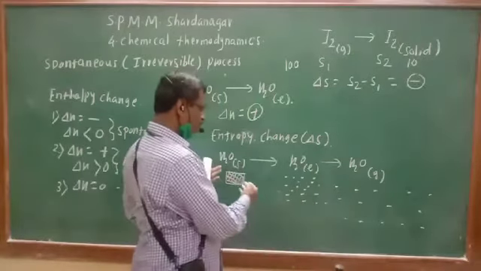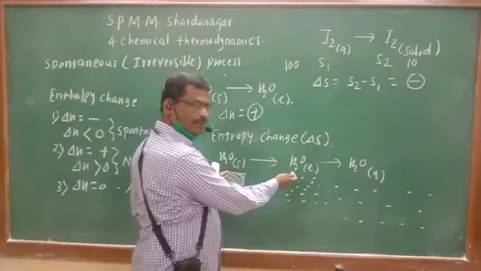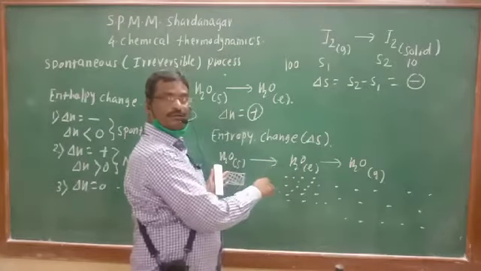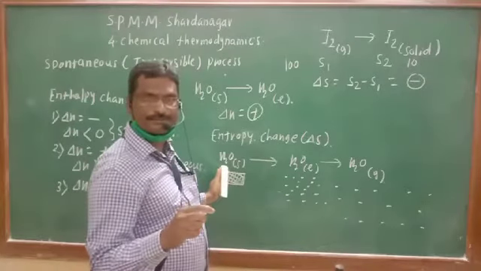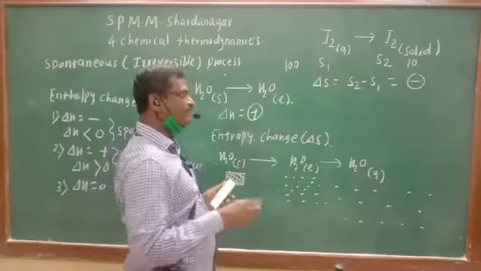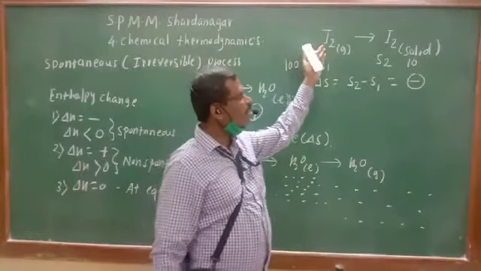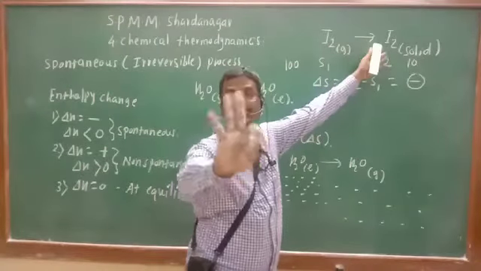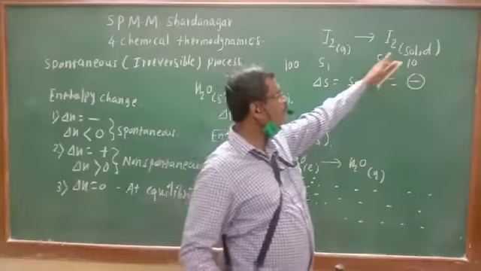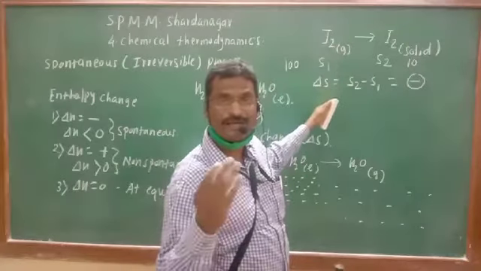Here also, ice absorbs heat and converts to liquid water, but still that is a spontaneous process because entropy increases, disorder increases, delta S is positive. Here delta S is negative, so iodine gas cannot be converted to iodine solid, but iodine solid can be converted to iodine gas because at that time delta S will be positive.